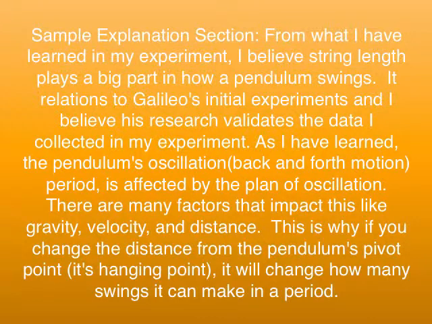As I have learned, the pendulum's oscillation, or back and forth motion, period, is affected by the plane of oscillation. There are many factors that impact this, like gravity, velocity, and distance. This is why, if you change the distance from the pendulum's pivot, or its hanging point, it will change how many swings it can make in a period. Please review this and think about qualities and characteristics of a good explanation section.